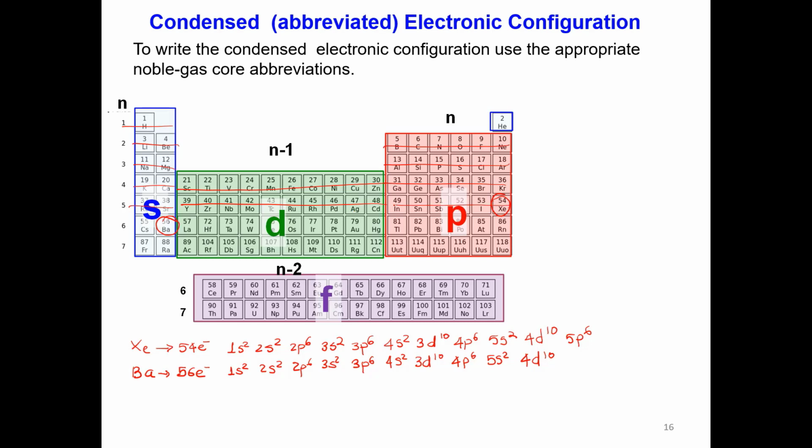Now this is completed also, then we'll 5p6, and then finally we had 6s2.